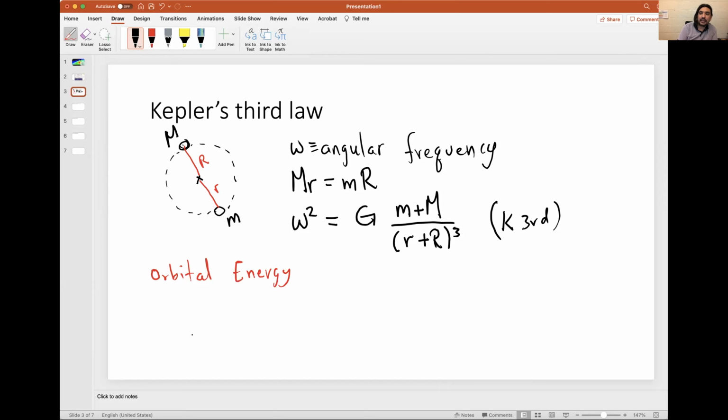We want to calculate and estimate the total energy of the system. What we have is the kinetic energy of the system of both black holes orbiting, right? And then the orbital energy is that from orbiting. And we would end up with this equation.